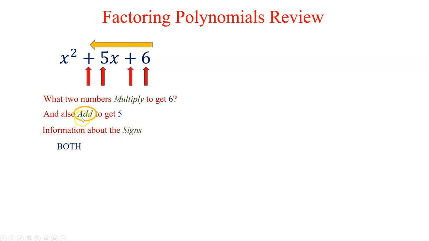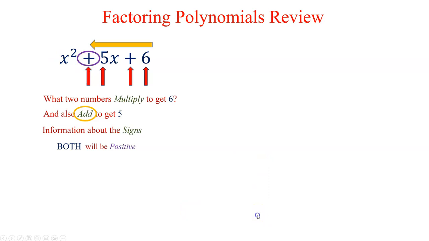Because it says add, this lets you know that both numbers will be that sign. So this is the suggestion: if you're reading backwards and you happen to say add, guaranteed both numbers will be, in this case, positive.